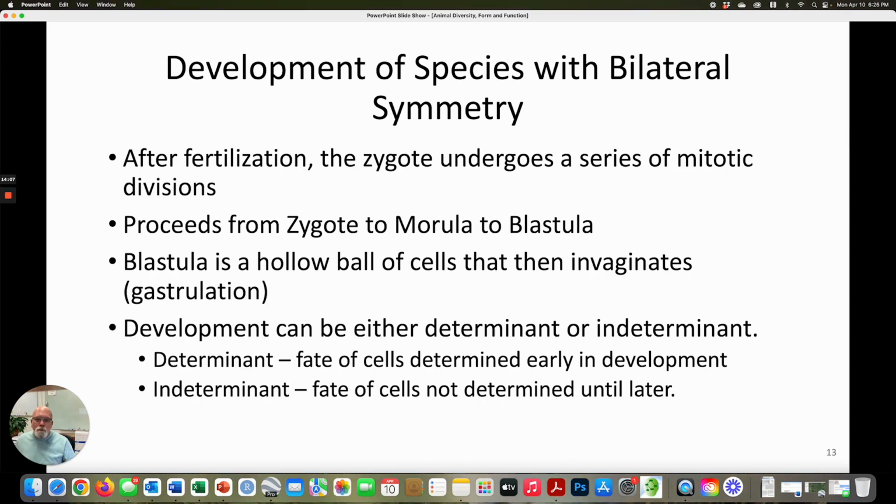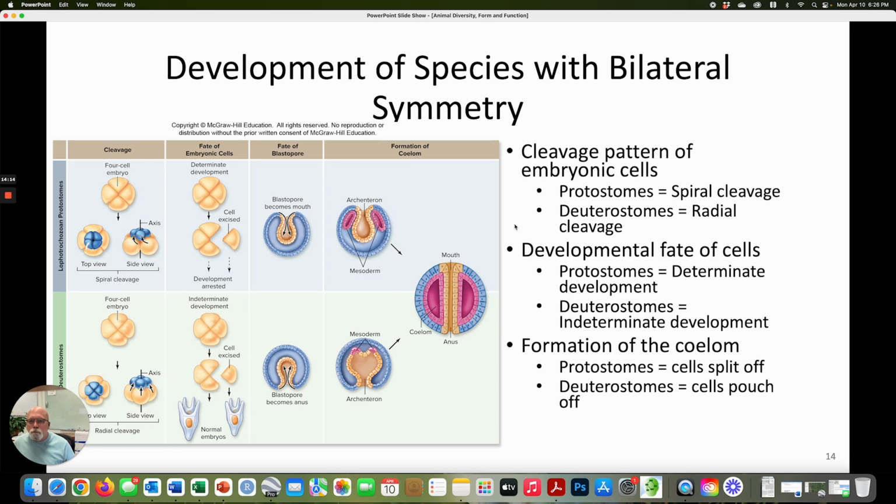So when we think about this process of going from zygote to morula to blastula, this is what it looks like. In the protostomes, you have the embryo dividing. That embryo develops into a hollow ball, and then that hollow ball begins to invaginate.